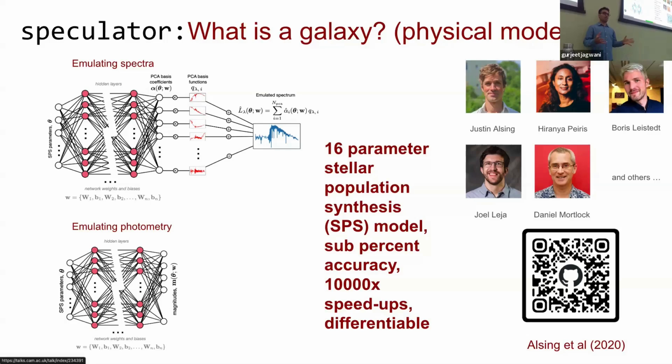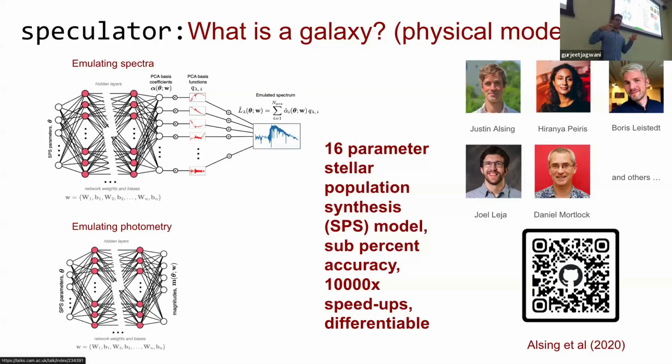The stellar population synthesis model here, for people who are not familiar, is basically different parameters and different galaxy properties that we can characterize within this. So you have 16 different of these properties, like the age of that galaxy, the redshift, so how far is that galaxy, how many stars do we expect to see, is it still star forming or not?